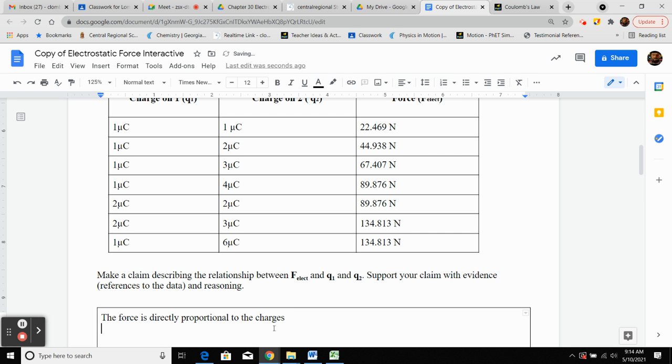And if you had to write that in an equation, F is going to equal, we have Q1 and Q2. Were we adding them, or were we, what do you think?